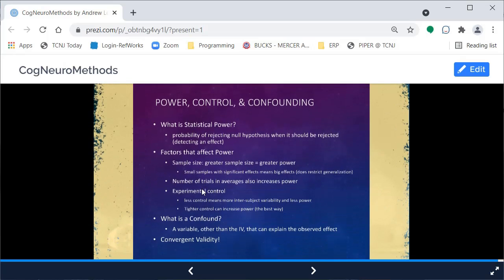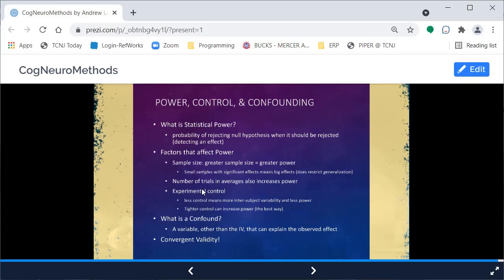A couple of other issues for you to consider when you're evaluating cognitive neuroscience research. Think about statistical power. What is statistical power? It's the ability to find an effect, to reject a null hypothesis when you should. It's a statistical concept, but it's finding a difference when you actually should. There are things that affect power. Sample size affects power.